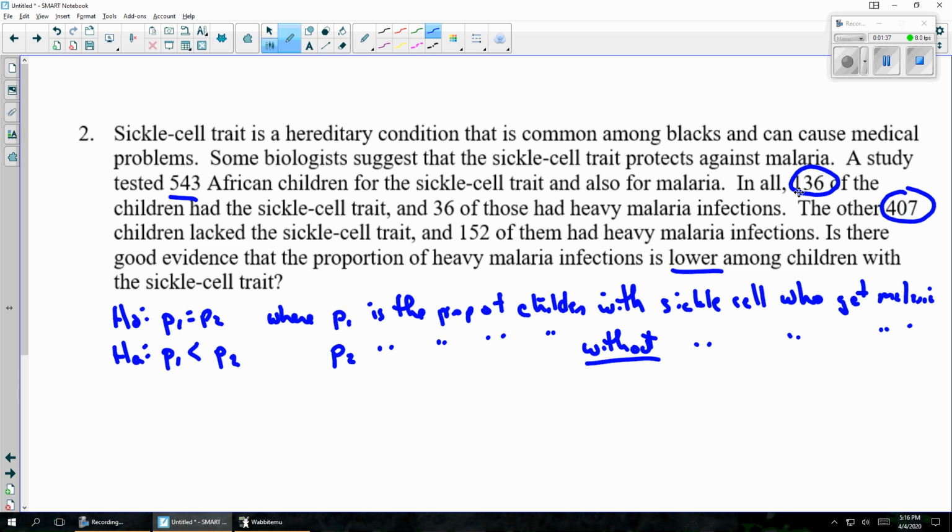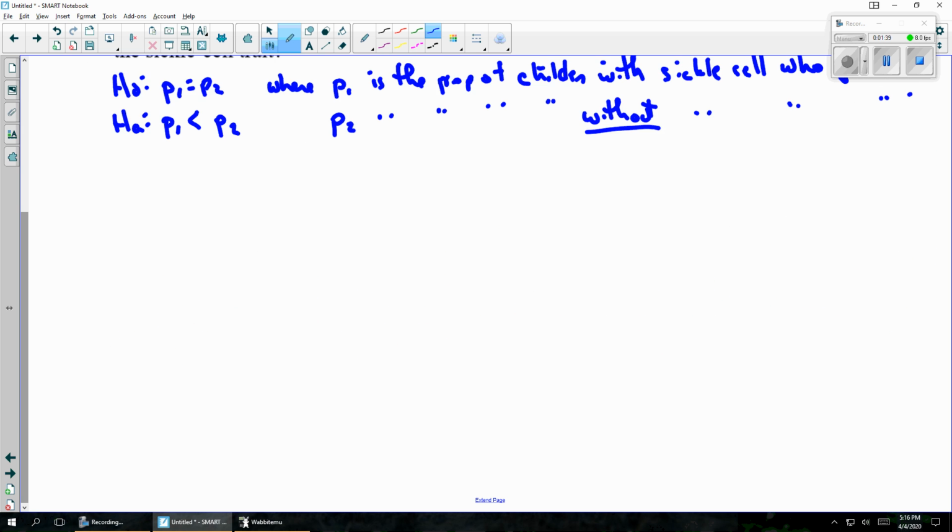Now I'm going to head towards a two proportion hypothesis test, but I need to check my conditions first. First of all, I hope the children were randomly selected.